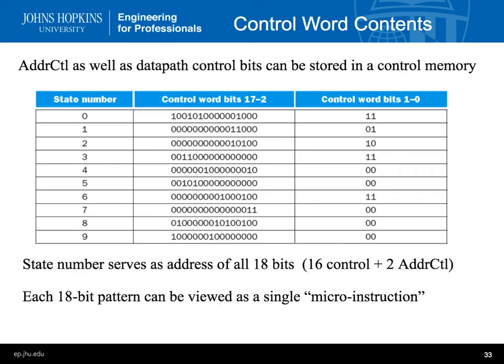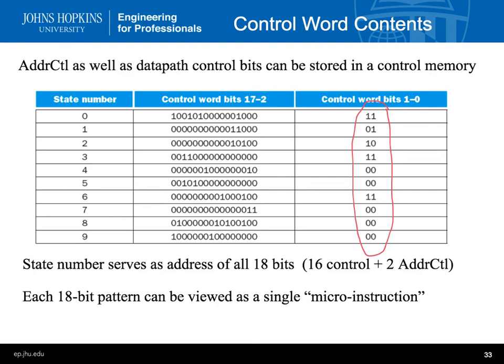In the last one, we showed earlier a 20-bit control word where we used 4 bits to describe the next state. Here it's just using the 2 bits of this adder control, so it turns it from a 20-bit micro instruction into an 18-bit one.